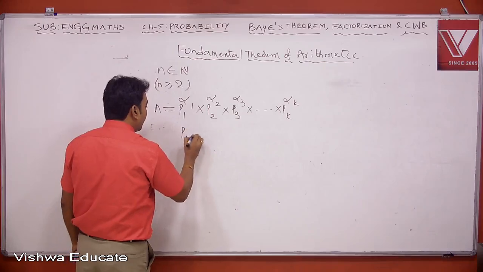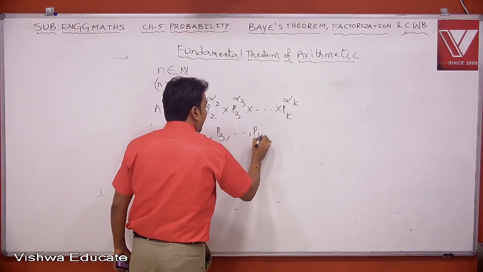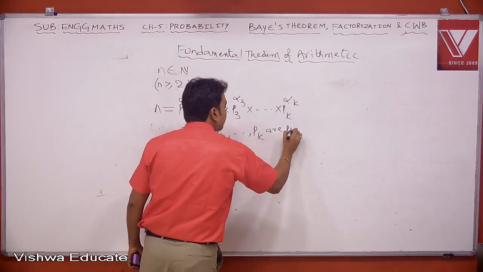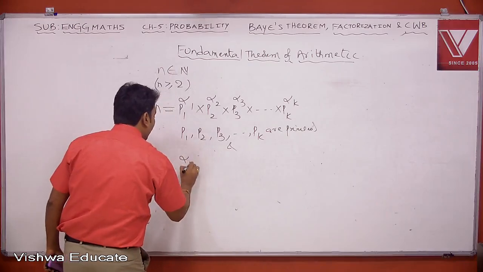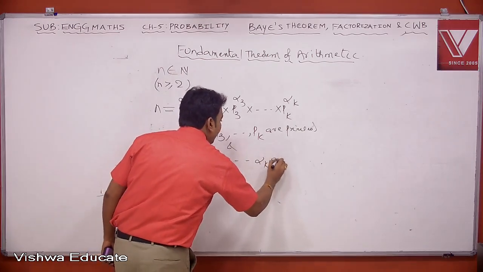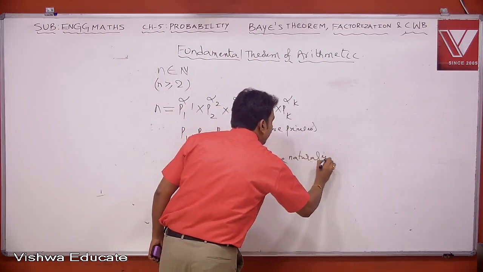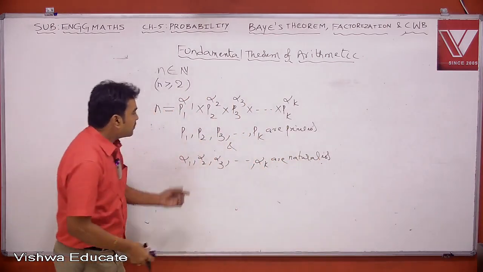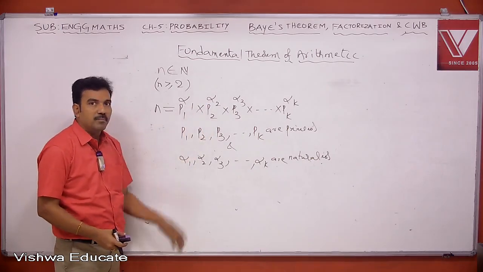Here p1, p2, p3 and so on, pk are prime numbers, and alpha 1, alpha 2, alpha 3 and so on, alpha k are natural numbers. So the power values need not be primes, but base values must be prime numbers.